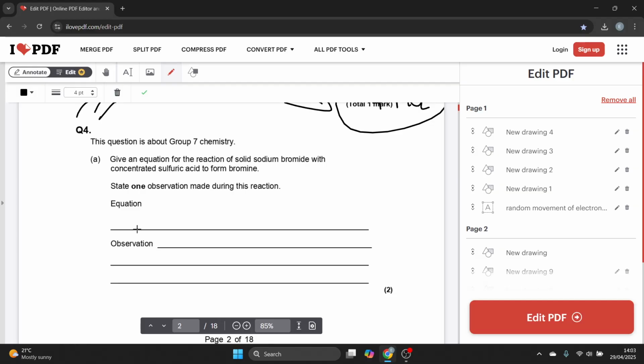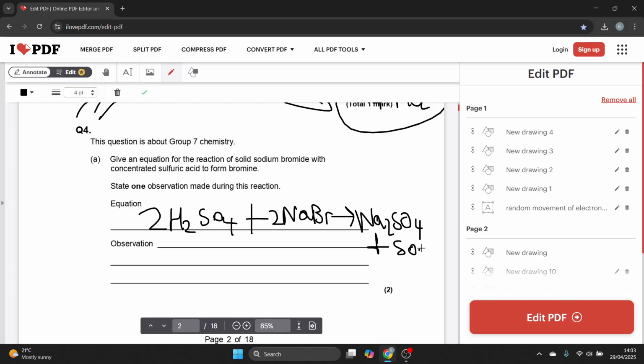Give the equation for reacting solid sodium bromide with concentrated sulfuric acid to form bromine. So 2H2SO4 plus 2NaBr gives Na2SO4 plus SO2 plus Br2 plus 2H2O.